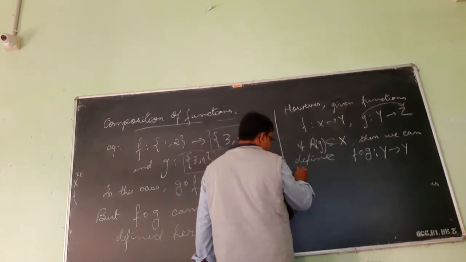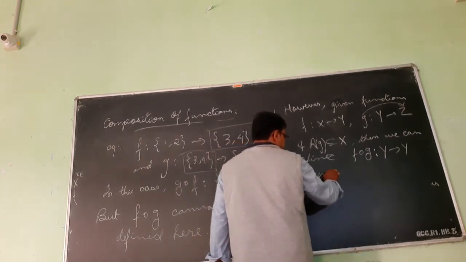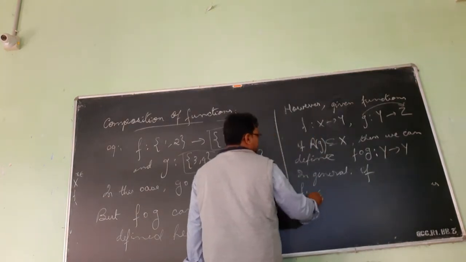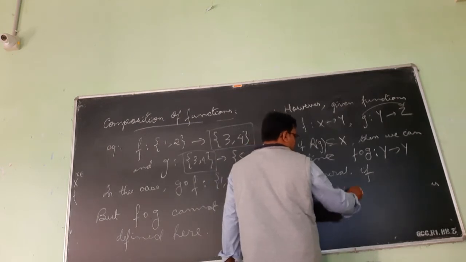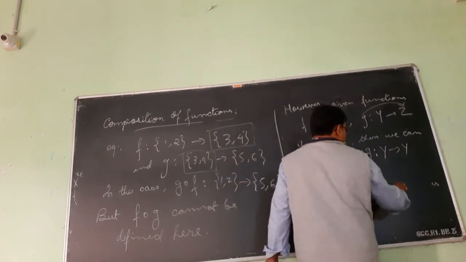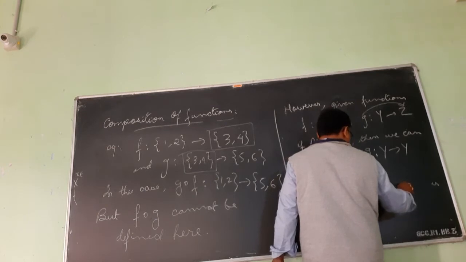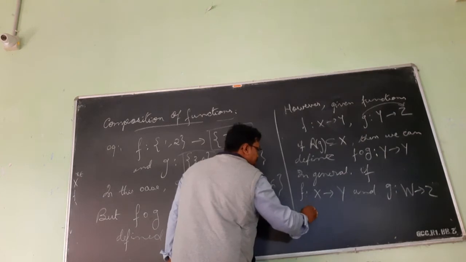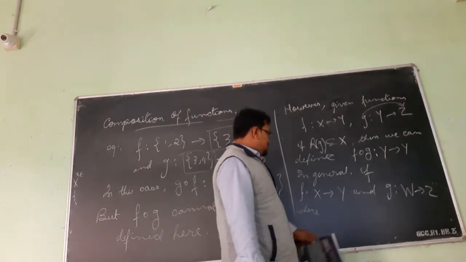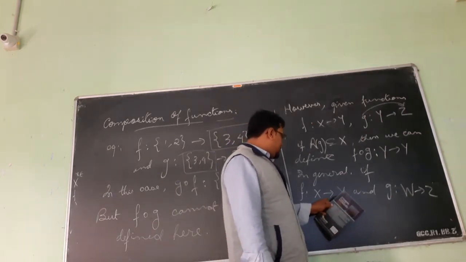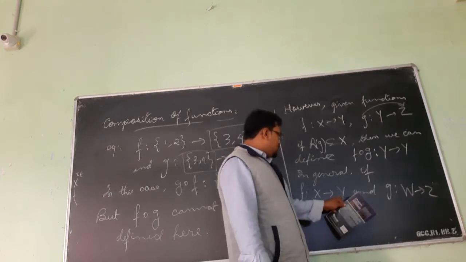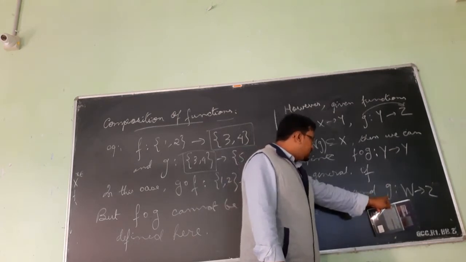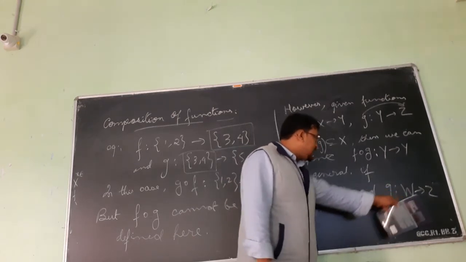In general, if f is a function from x to y and g is a function from w to z, then f(x) lies in y. If I want to apply g again, those f(x) should lie inside w.